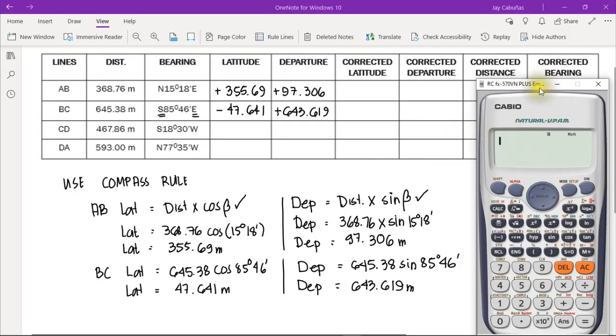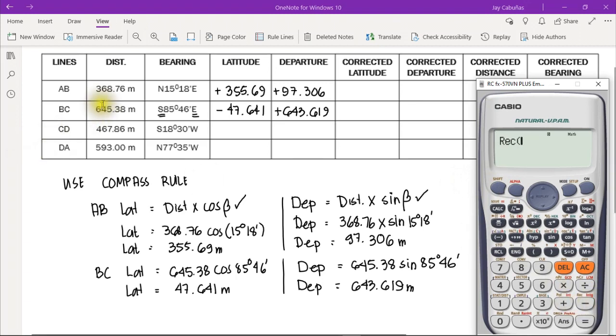Using your calculator, you can directly compute the value of the latitude and departure without going through this formula or this computation. This is an important calculator technique. If you have this type of calculator, go to the Rec option: press shift, then the minus button, and you have now the Rec.